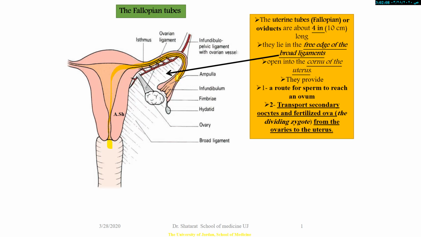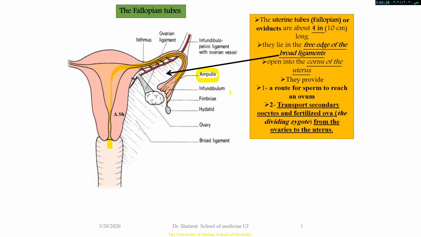So that's why we need to know everything about the uterine tubes, as they play an important role in fertilization, especially if we know that the sperm meets the oocyte in the ampullary part of the uterine tube.